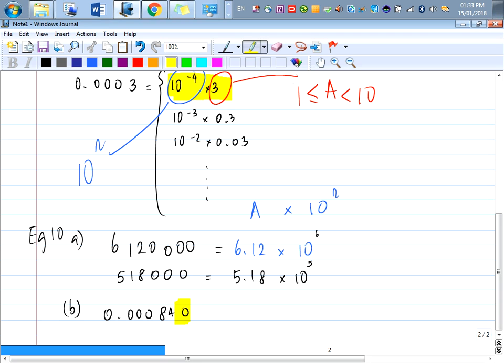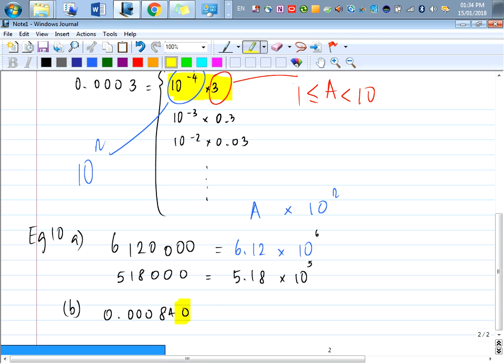Did the question say 3 sig fig? What we learned in primary school is that all these zeros at the back don't matter at all. We can just drop them. But in this particular question, it's not a mistake; they purposely put a 0 over there. Why do you think they did that?